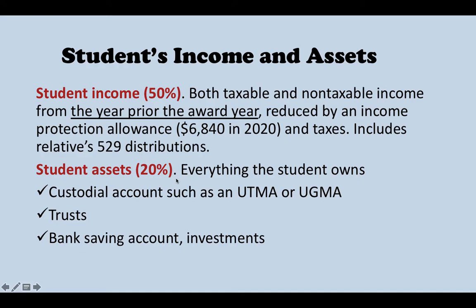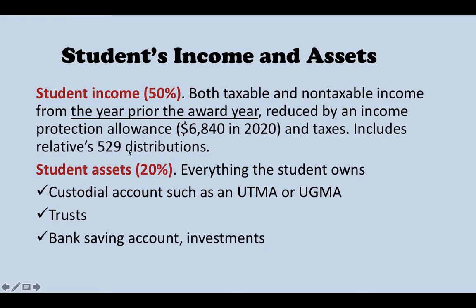Then student assets. Here there's one thing about relatives' 529 distributions. Let's say the grandparents also create a 529 account for your child. A withdrawal from it will be counted as student income.